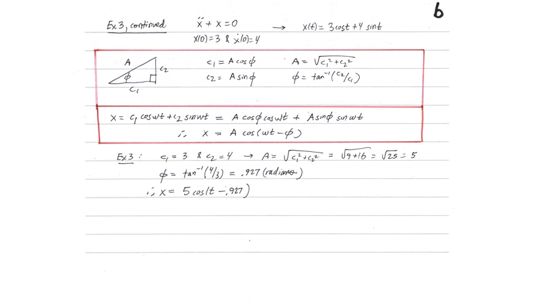So continuing our analysis of example 3, which we started looking at on the previous slide, we have this differential equation modeling a situation where we have a mass on a spring with no air resistance and no external force.